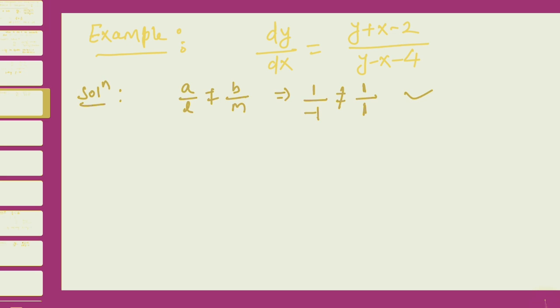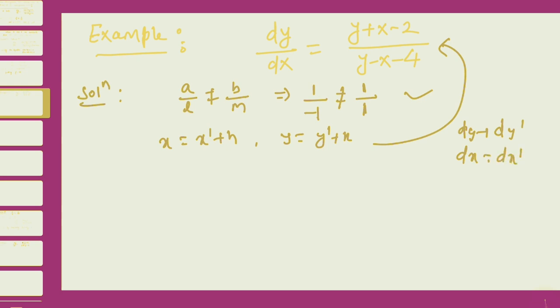Now we will replace x equal to x' plus h and y equal to y' plus k in this equation, with dy equal to dy' and dx equal to dx'.